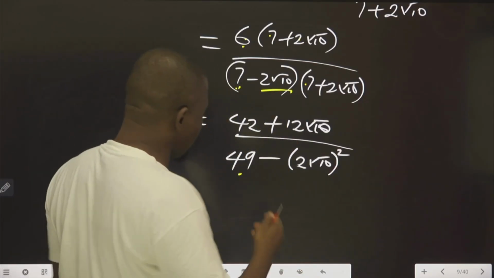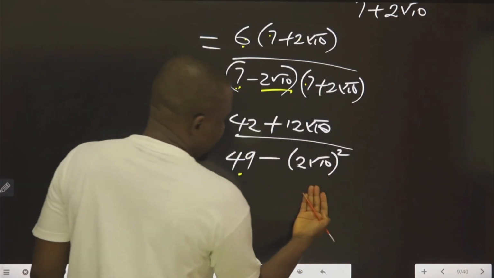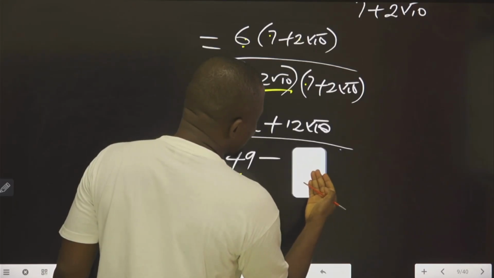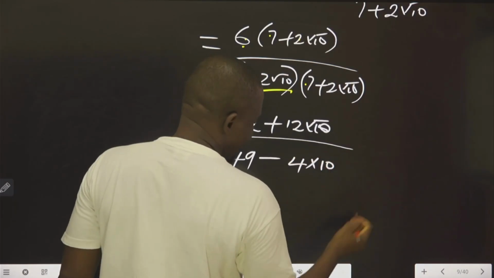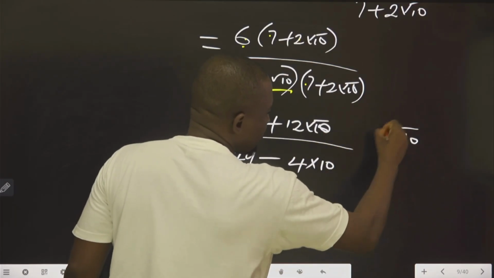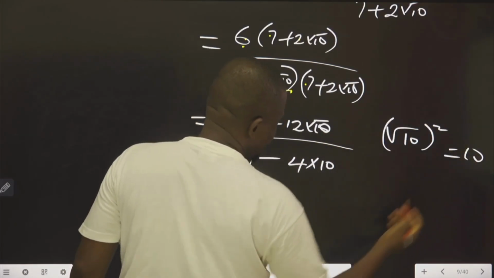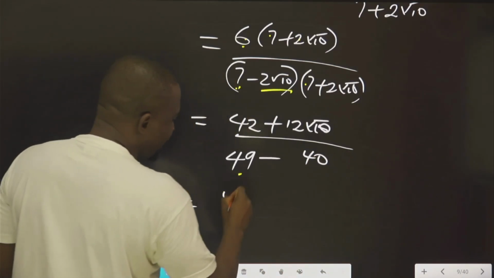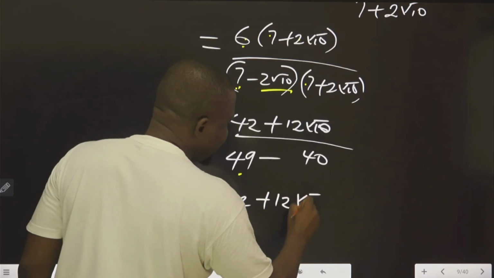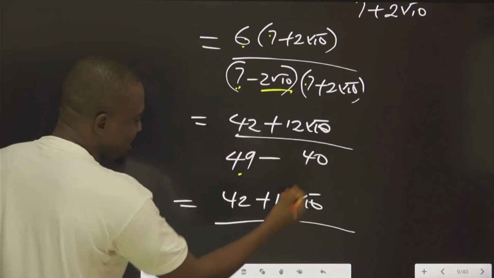I don't want to confuse some people. So let's do it directly now. 2 square root of 10 squared is 4 times 10. This becomes 40. That is to say 42 plus 12 square root of 10 over 9.